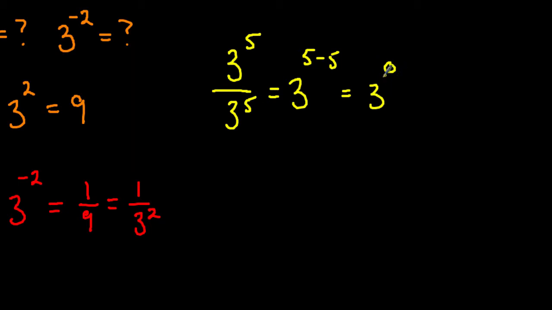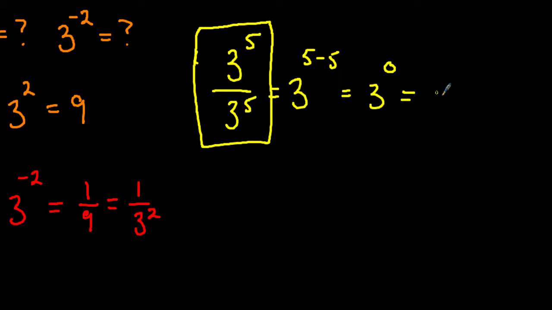Well, what's 3 to the 0 equal to? There's only one answer. Back in the beginning, 3 to the fifth over 3 to the fifth is a fraction where the numerator is exactly equal to the denominator, so that's all equal to 1. So therefore 3 to the 0 power has to be equal to 1.